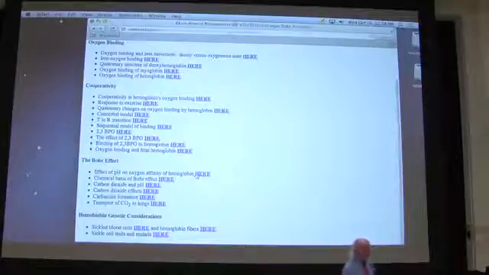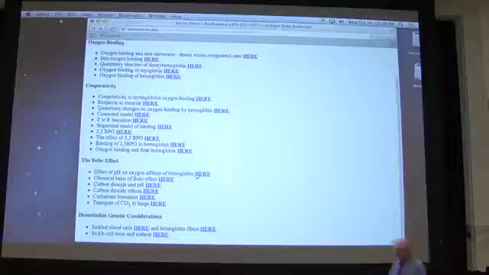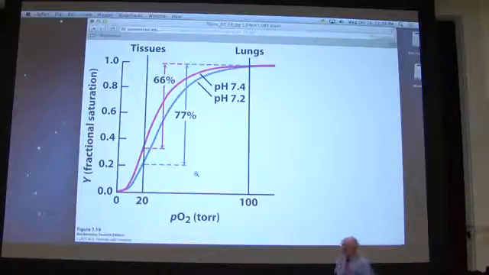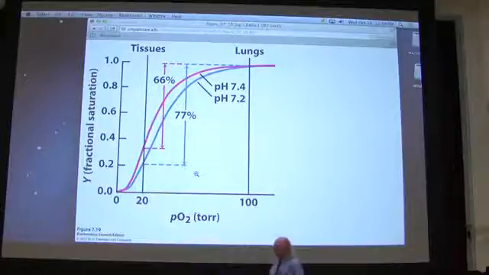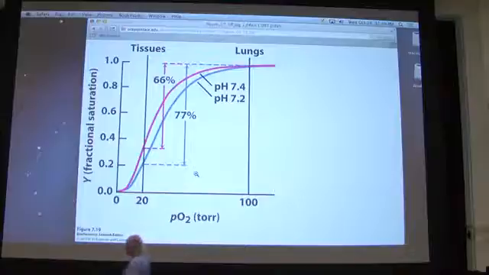We need to talk more about what hemoglobin does going through the body. We need to talk about the Bohr effect. Okay? This was discovered about 100 years ago by a man named Bohr, who was studying the binding of oxygen by hemoglobin. And what he discovered was interesting.